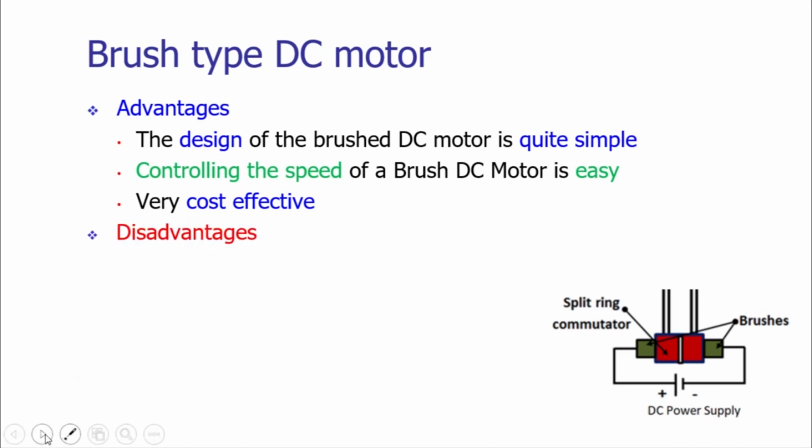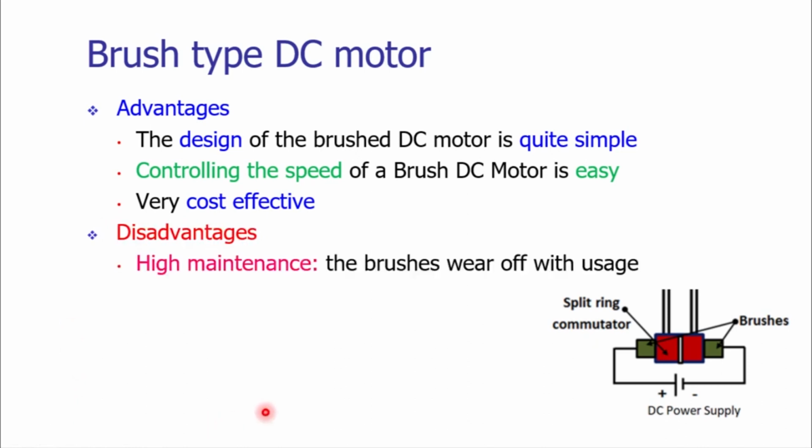However, there are certain limitations, and those limitations are fundamentally related to maintenance. As we have noticed, there is a split ring commutator which is in contact with the brushes. Through the contact of the brushes with the split ring, we are applying the electricity to the armature coil.